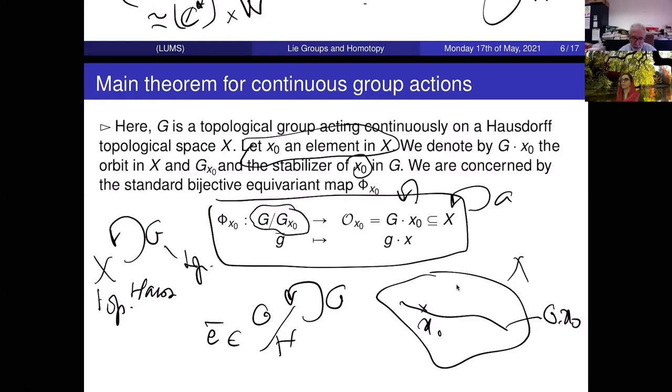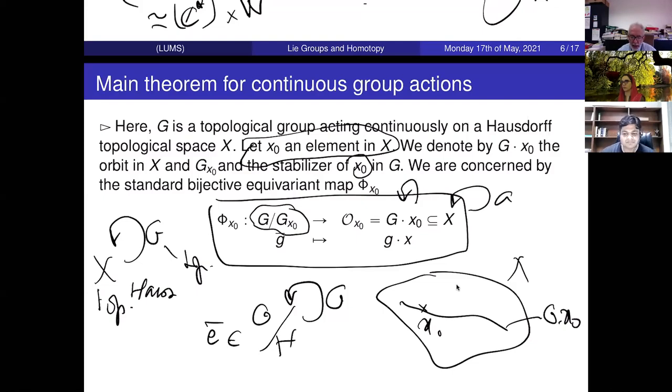So I have a question. The action must be transitive. It is transitive because I'm working with the orbit. So in this case, we are dealing with a transitive group action. Even if the action on X is not transitive, once I look at the orbit, it becomes transitive.